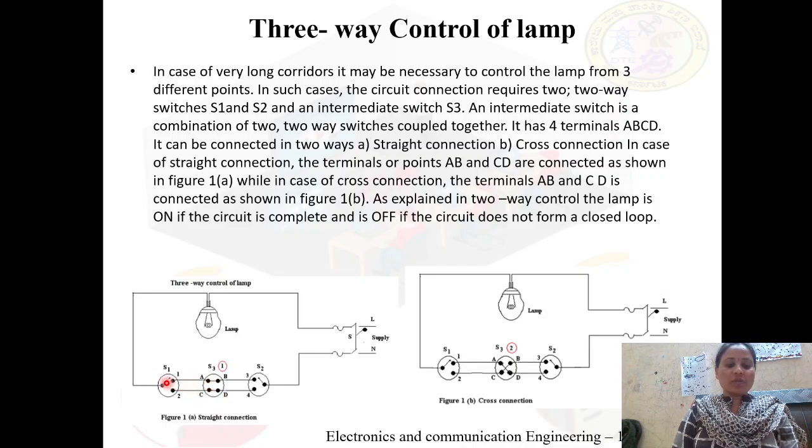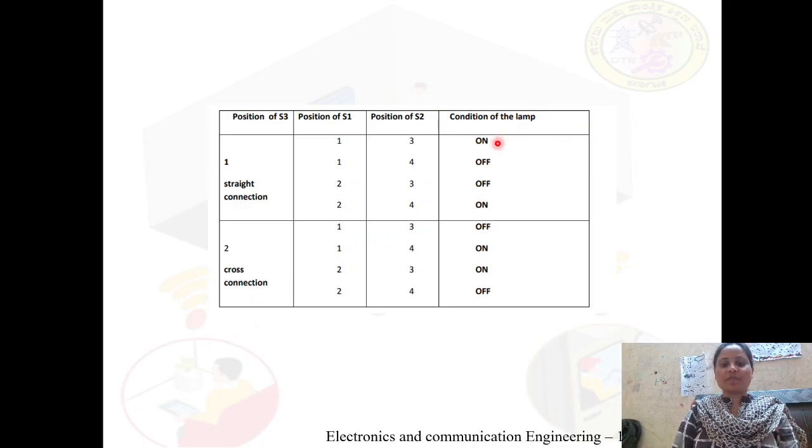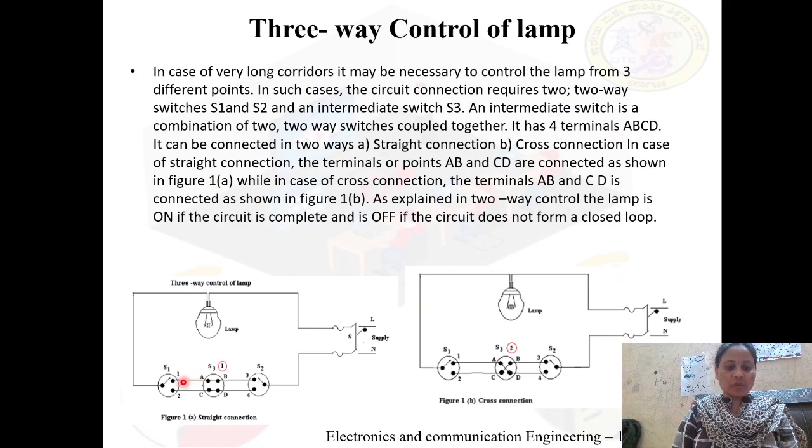Assume the position of S1 is at 1 and S2 is at 3. The path goes from 3 to B, B to A, to 1, and it is a closed path. The current will flow and the lamp will glow. It will be on. Next, consider the second position.